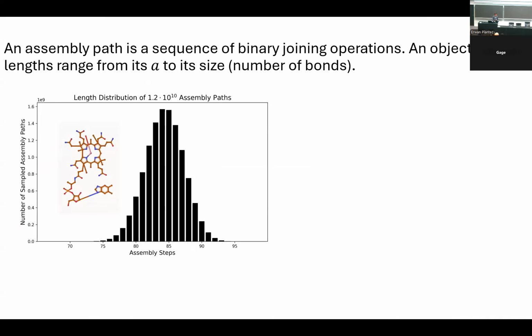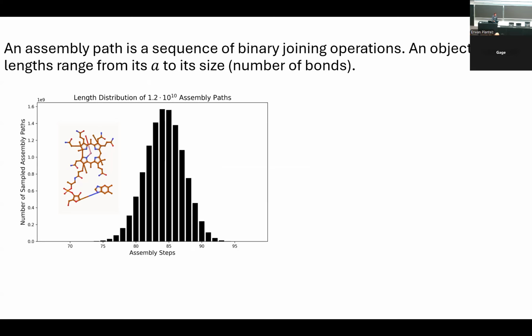We're going to talk about expected path length by taking some object, in this case this molecule here, and sampling from the different assembly paths to build it to get an idea of what that distribution looks like: how many paths are of a given length, this sort of thing. For this molecule, if I have absolutely no selection whatsoever, I should expect to find a priori an assembly path of length 84.